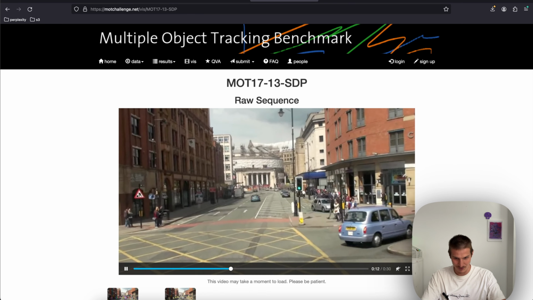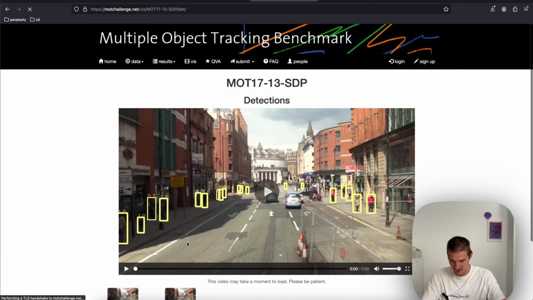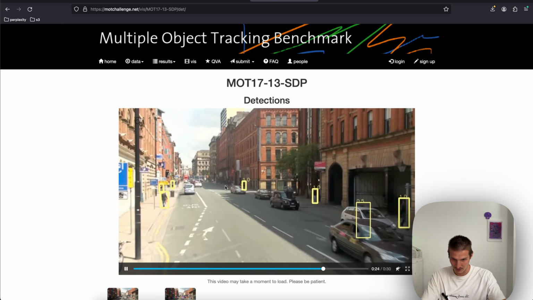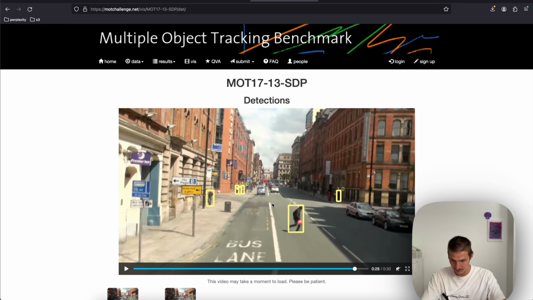I guess we don't have giant datasets for multiple object tracking, but that is how they look. In this one, we are only focused on people. We have 30 seconds of video, that's something like 1,000 frames, and then we need to consistently track these people from frame to frame.